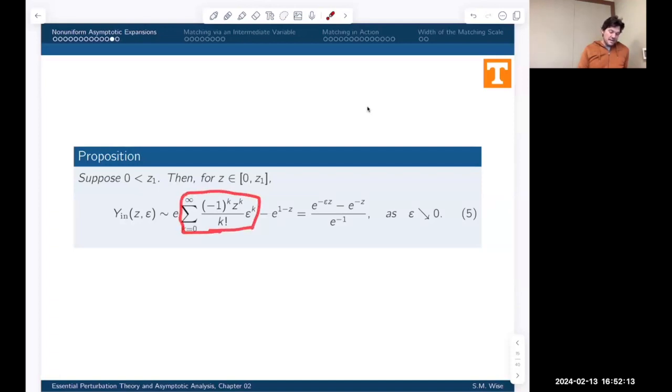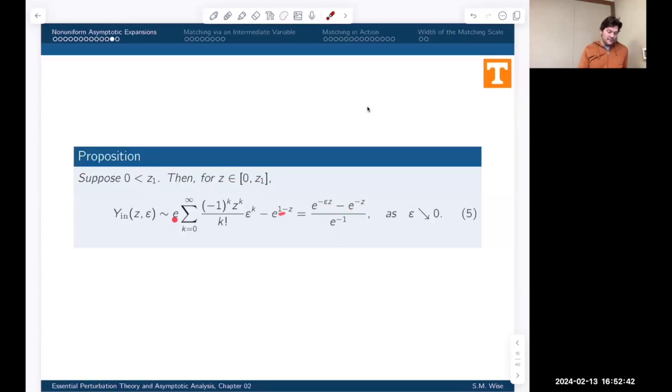Okay. Now, what is this power series? Well, this power series is an exponential. Okay. Let's see, it's e to the minus epsilon z. This is effectively what this whole thing is. So if I subtract this from this, including this guy here, then that's really just e to the minus epsilon z minus e to the minus z, okay?